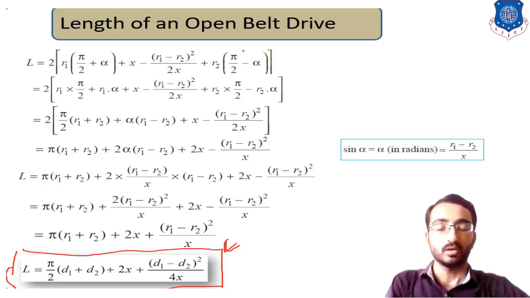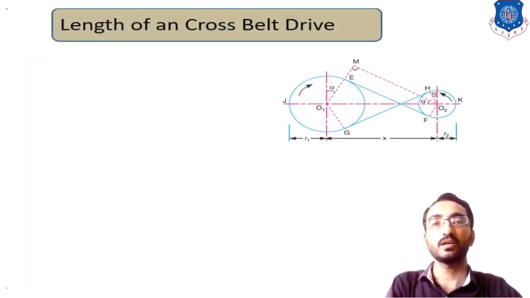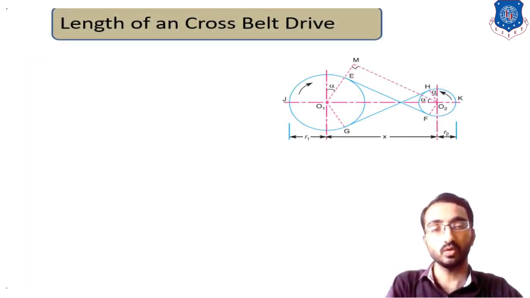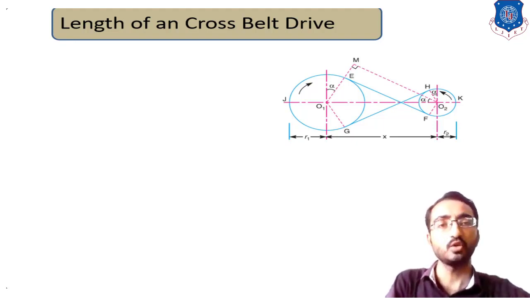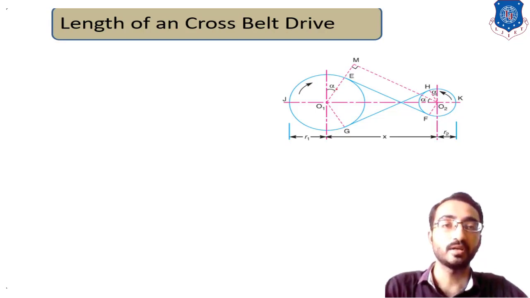Okay, so now let's derive one more equation for the length of cross belt drive. Over here you can observe the change: in case of flat belt drive, your diagram is connecting this line in such a way that your intermediate point is connected in this way.